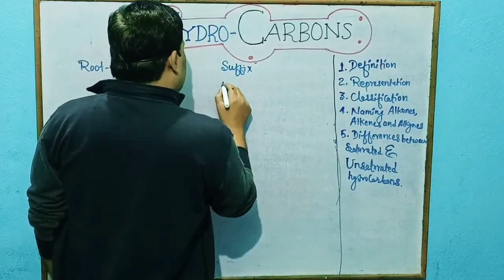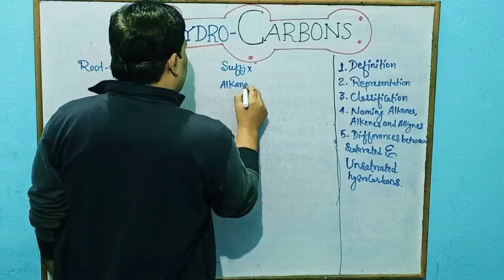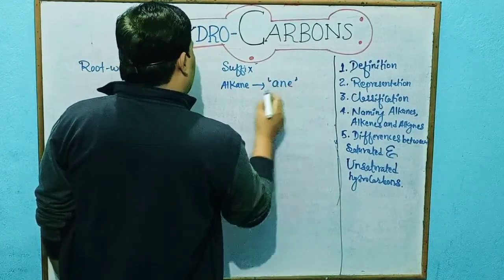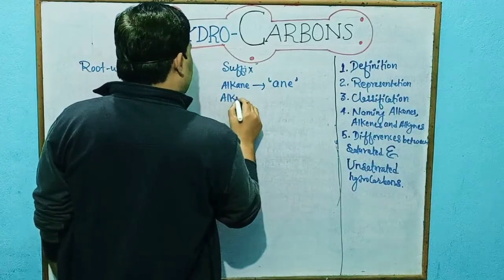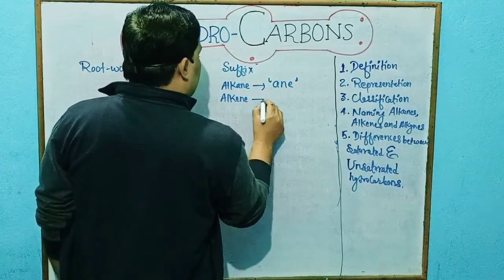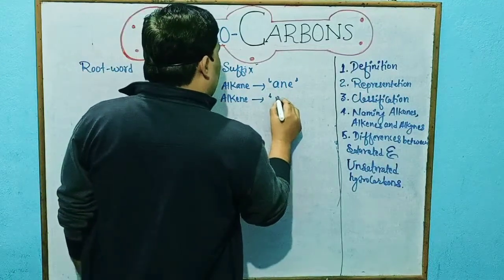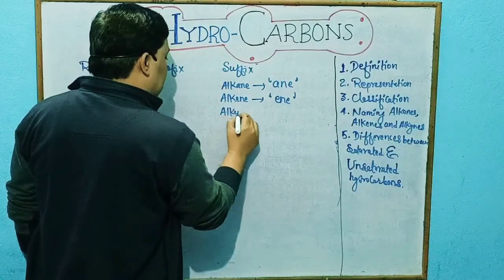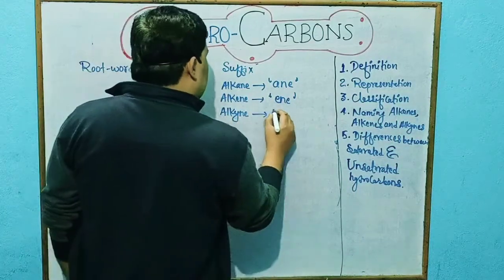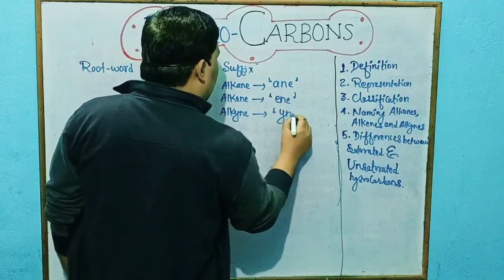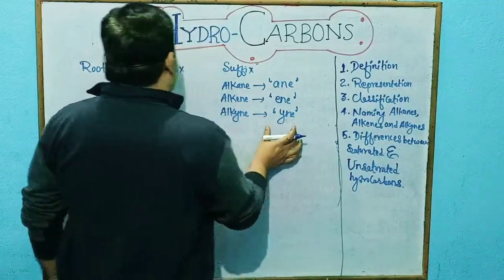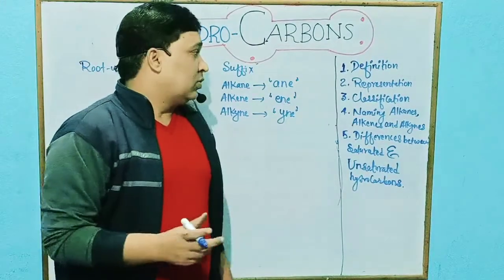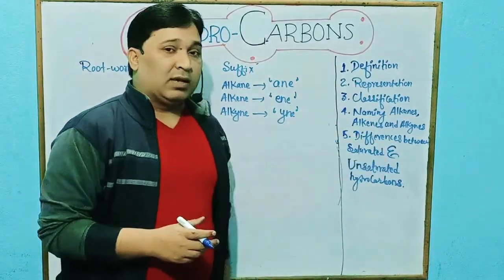For alkanes, the suffix is ANE. For alkenes, the suffix is ENE. For alkynes, the suffix used is YNE. So the root word as prefix and these suffixes are used in combination to name alkanes, alkenes, and alkynes.